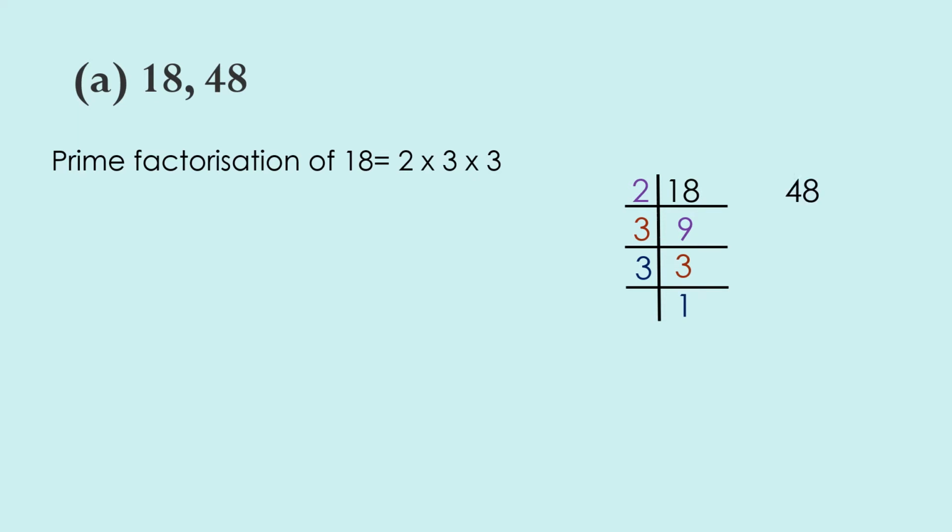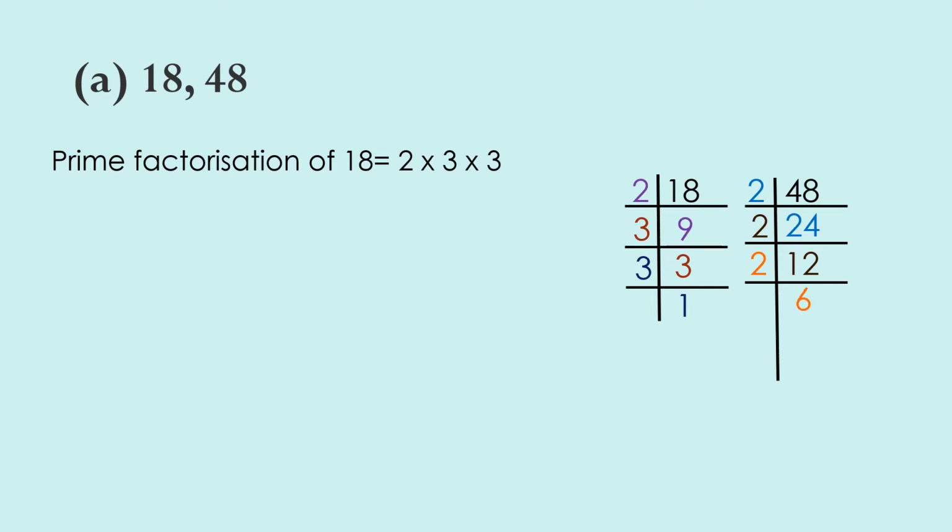Now let us write 48. Let us start from 2. 2 twos are 4, 4 twos are 8. So 24. 24 into 2 is equal to 48. Now again it's an even number, so we can write 2 here. 2 twos are 4, so 12. 12 twos are 24.